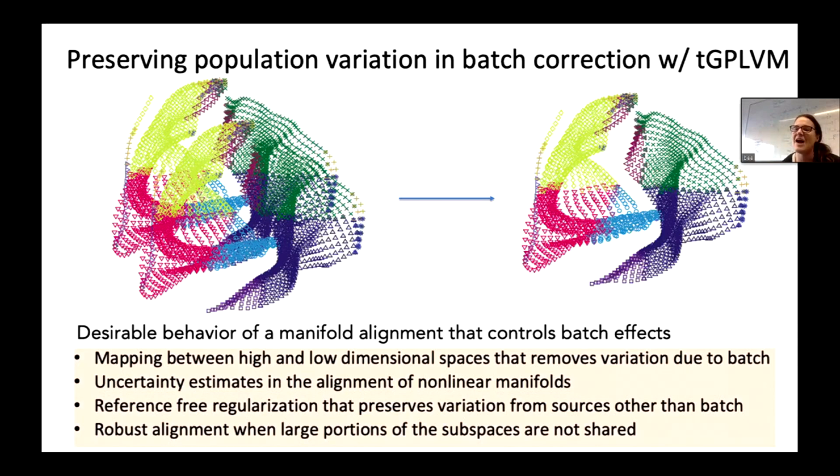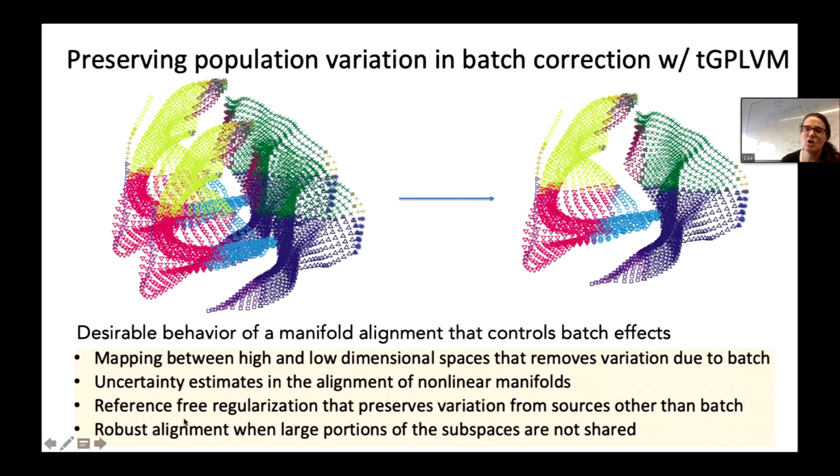If the variation is not correlated with batch, then the goal is, again, to leave that variation in here and not regularize that. And reference-free basically means that we're going to make the assumption that we have no ground truth. There's not going to be any samples that we get that do not have perturbations to the ground truth from batch. So everything is perturbed in this space.